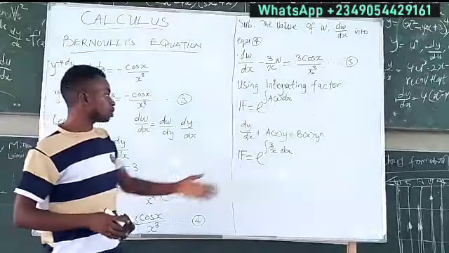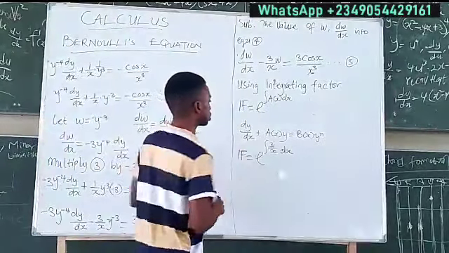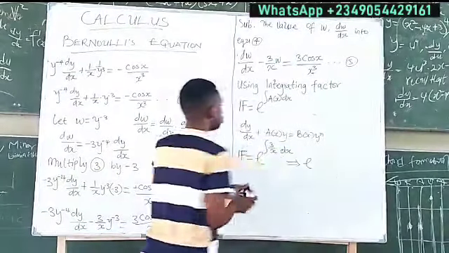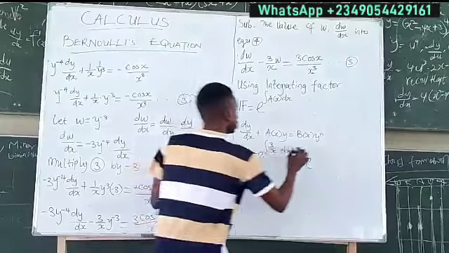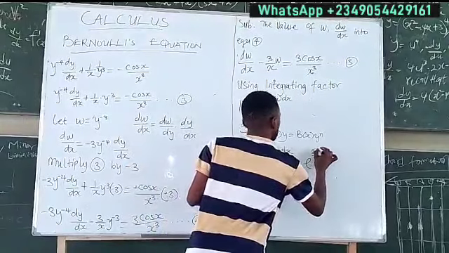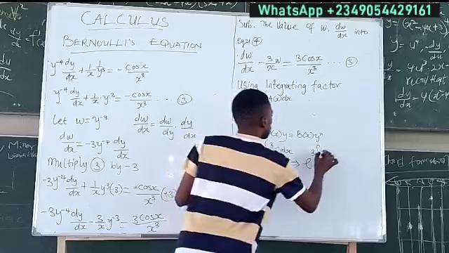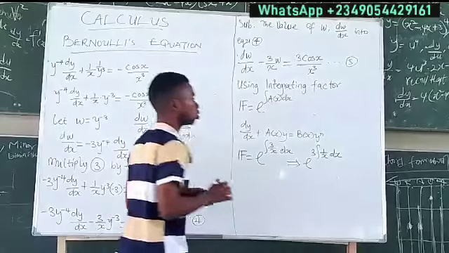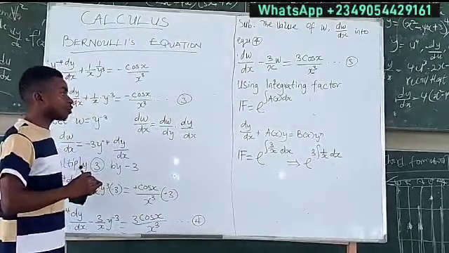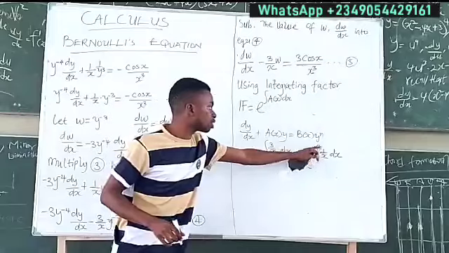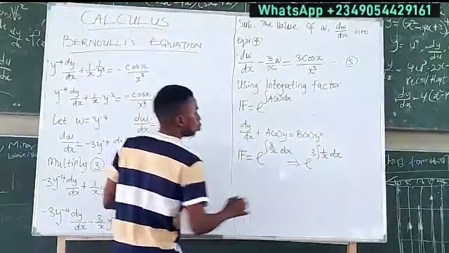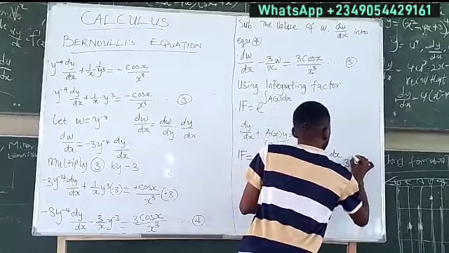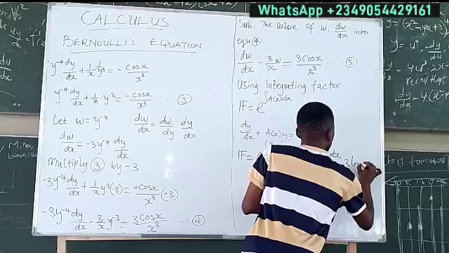Okay. From this, for us to integrate, this becomes exponential. We move our constant 3 outside the integral, becomes 3 integral 1 all over x dx. If we integrate 1 all over x, we'll be getting 3 ln x.